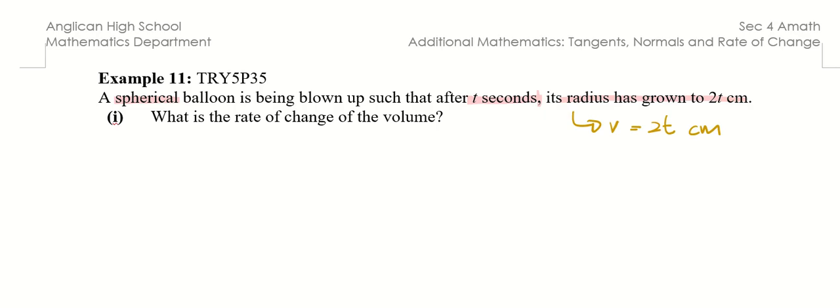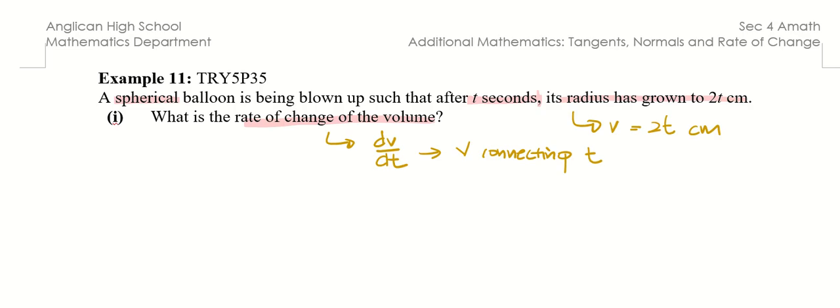Now let's look at the question at issue. What is the rate of change of its volume? Meaning to say, what is dV over dt? Another interpretation is that you need to find V connecting t.